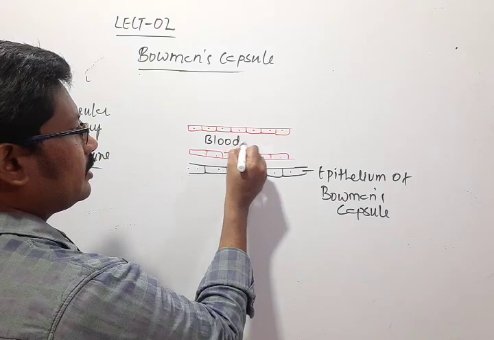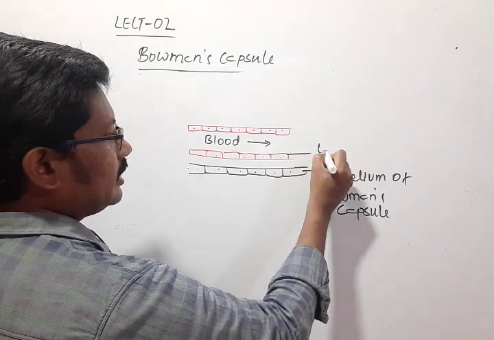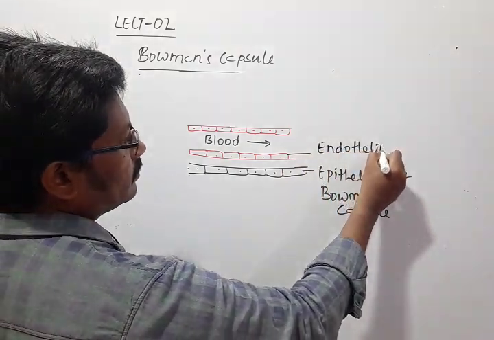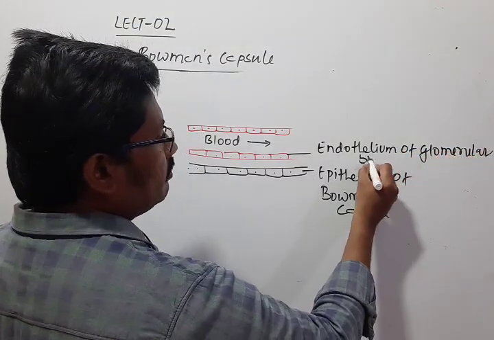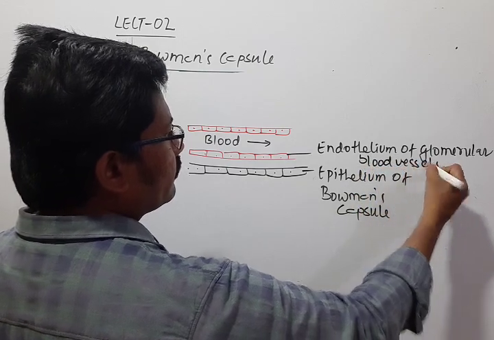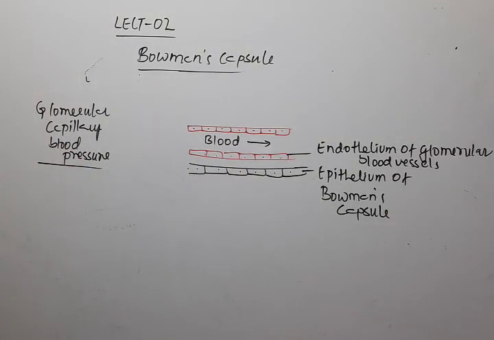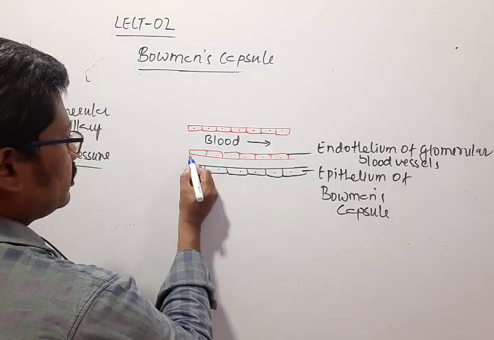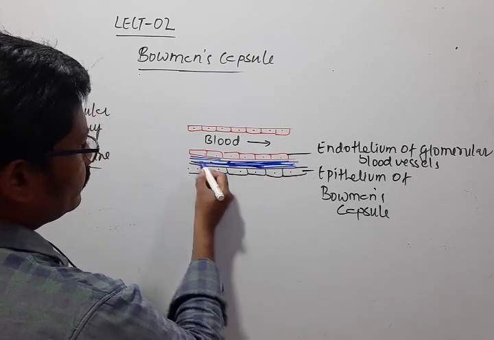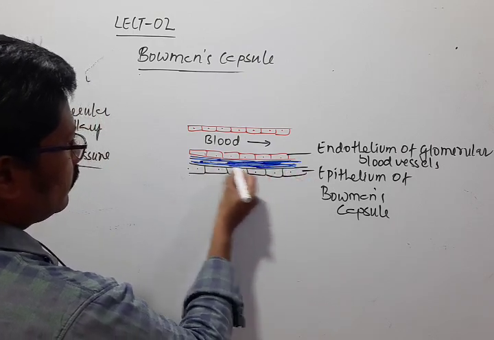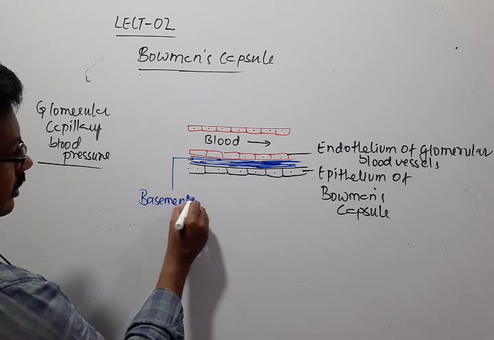So blood is flowing in a direction, and this is the endothelium of the glomerular blood vessels. Between these two layers is the presence of the basement membrane.